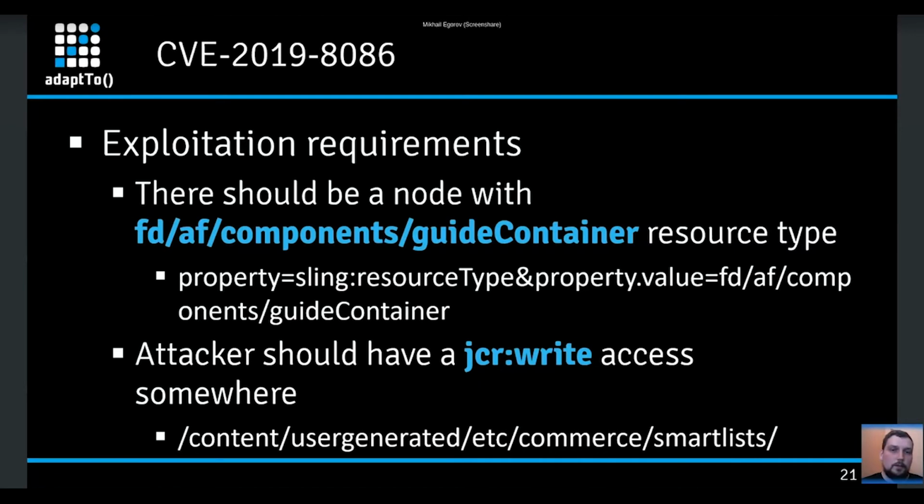Further, GCR node content under user-generated XEE commerce smart lists is usually writable by an anonymous user. And we can easily create a node of the desired resource type if POST requests are not blocked.